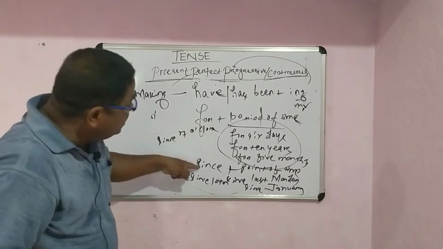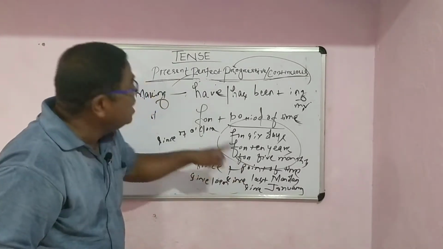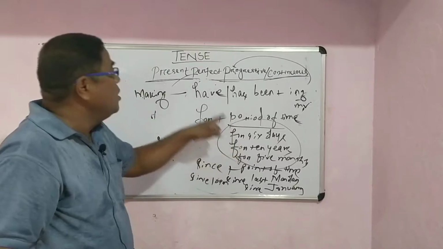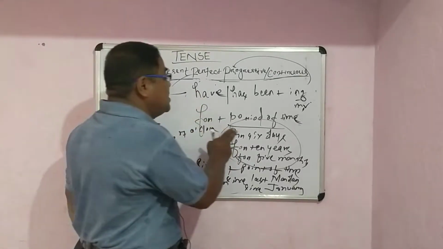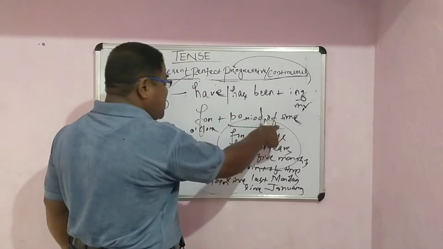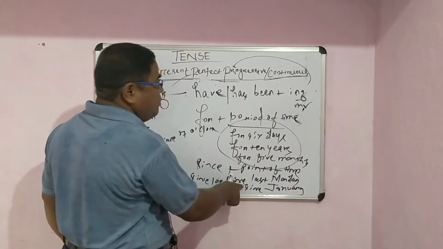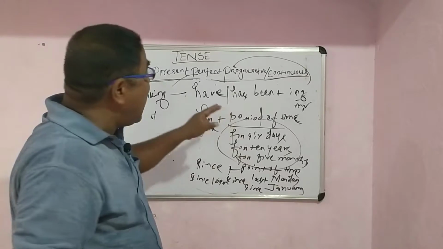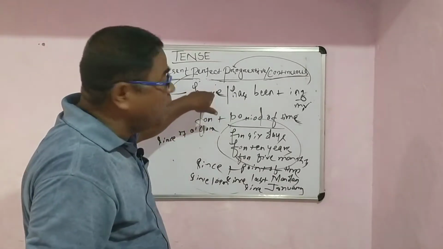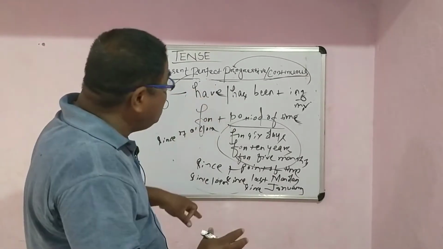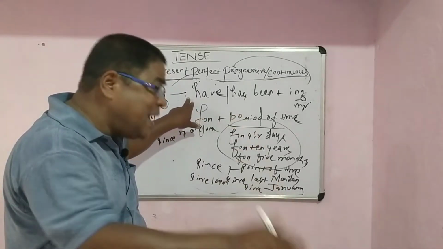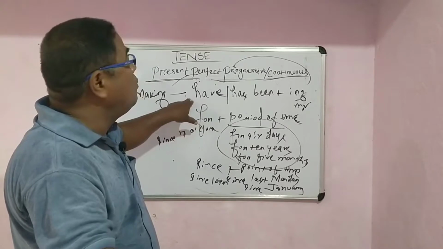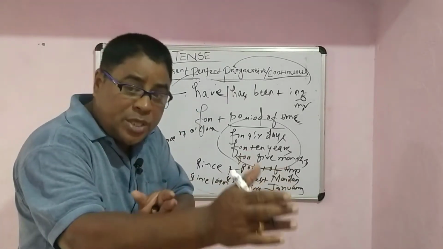So remember, with since plus point of time and with for plus period of time, we use present perfect progressive. Only 2 things you have to specially remember: for plus period of time and since plus point of time. But one thing is common: the action must have started sometime in the past, the action will be going on in the present time, and the action is expected to go on for a certain period in the future.